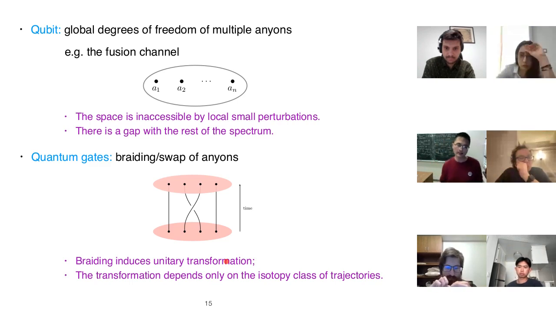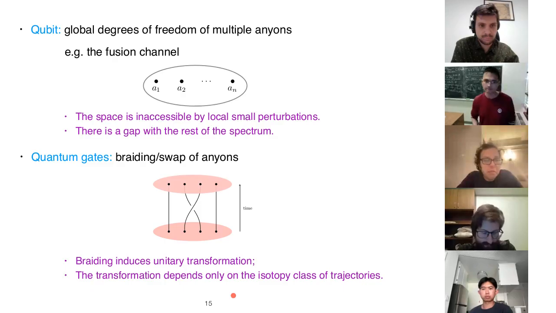It should be noted that these quantum gates are robust against local deformations of the swapping process. So that's what that means: these braidings of anyons are inherently fault-tolerant.